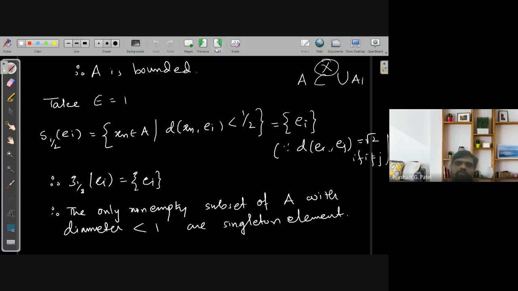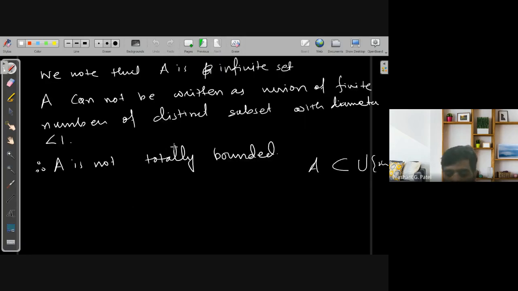So that's why this A is not totally bounded. So this is one example regarding the statement that totally bounded implies bounded, but the converse is not true.